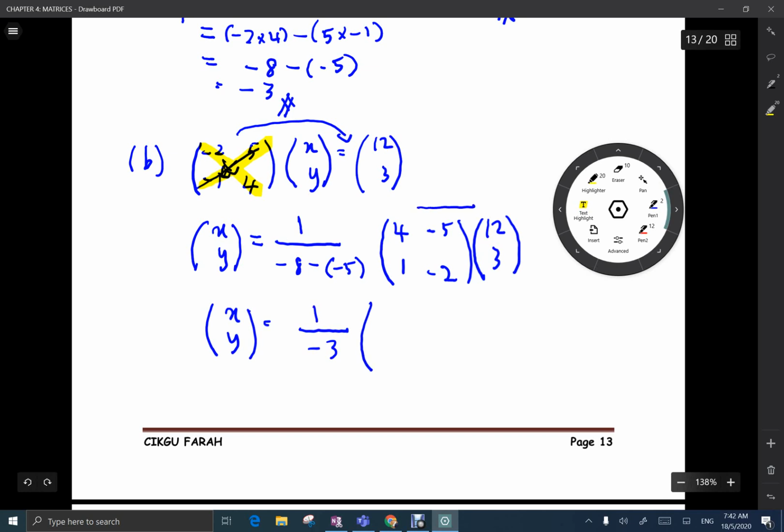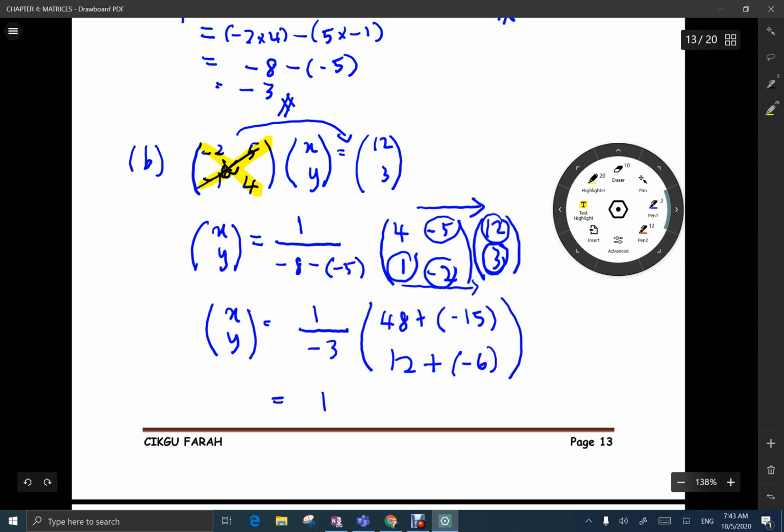So, this one you have to times. So, kira lah macam kita dah buat hari tu. So, 4 times 12 is 48 plus -5 times 3 is -15. Okay, and then times lagi. Ni pula. 1 times 12 is 12 plus negative 2 times 3 is negative 6.